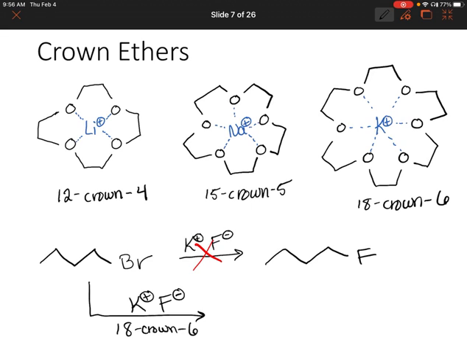So 18 crown 6 will grab onto the potassium ion, and that will leave the fluoride ion available to attack or perform a substitution reaction. And it should prevent it from reacting with anything else.